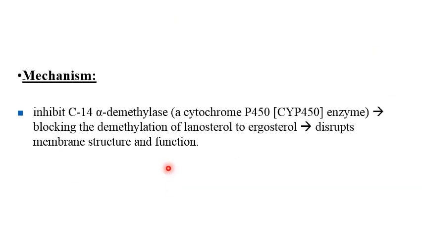As we said, azoles act by inhibition of one of the members of cytochrome P450, the 14 alpha demethylase enzyme. By inhibition of 14 alpha demethylase, lanosterol cannot be converted into ergosterol, and this leads to inhibition of cell membrane formation in the fungal cell.